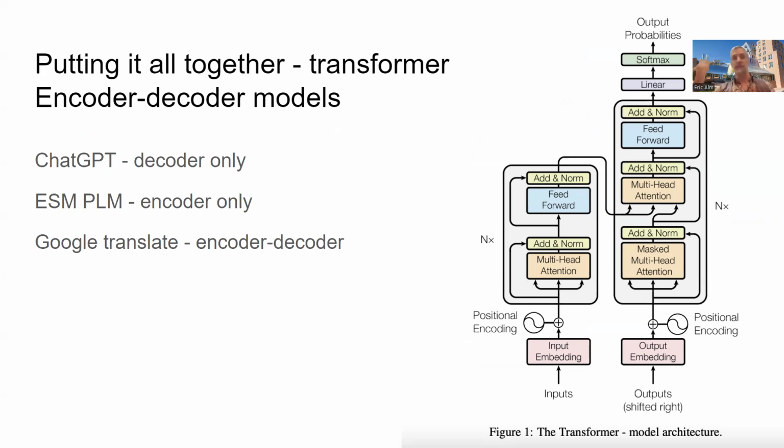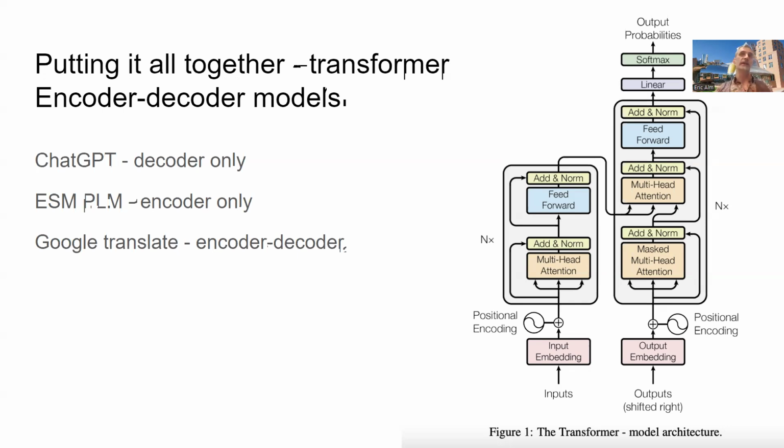So, let's say it's like 8 or 16 different query key value matrices that are independent from each other. The results of that get concatenated together, reduced back to our 1280 dimensionality, and then we add the original incoming vector in.